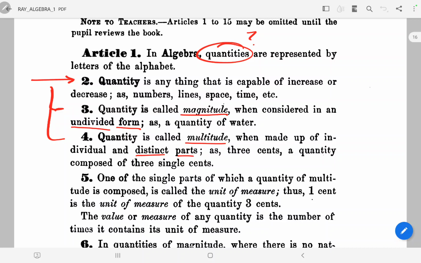A magnitude is one body. A multitude is a collection of bodies. Those are the two kinds of quantity. So here in Articles 2, 3, and 4, we have the definition of quantity, and we learn about the two kinds of quantities. And these are the only two kinds. So you should understand that magnitude and multitude are the two kinds of quantity.